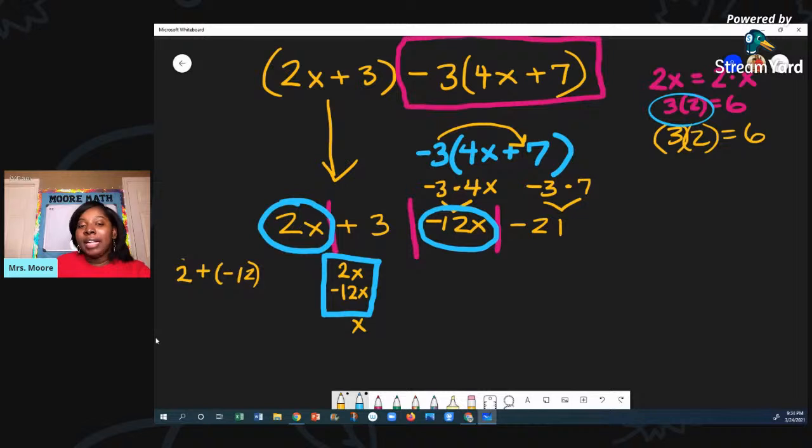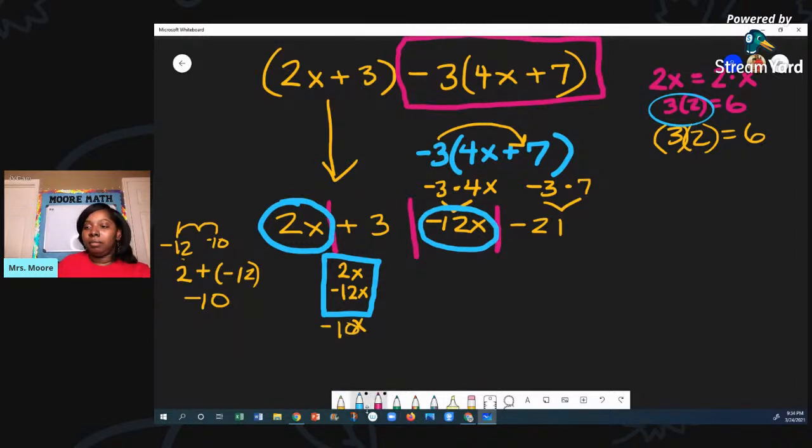You have to subtract these two. So -12 plus 2, 12 minus 2 is 10. It's going to be a -10. We're starting at -12 on the number line, and we're going forward 2 spaces. We're adding 2 to it. So it's going to be a -10. Sorry. Okay, so I get a -10x.